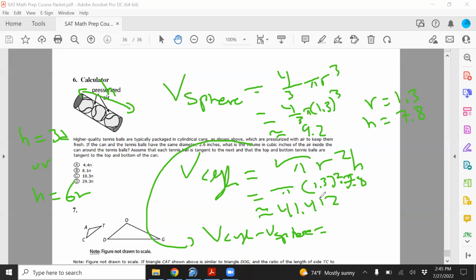And that was not 9.2. I forgot to multiply the pi. Oh, it is in terms of pi. Gosh darn it. Hold on. Let's back up a little bit. So it's 9.2 pi.